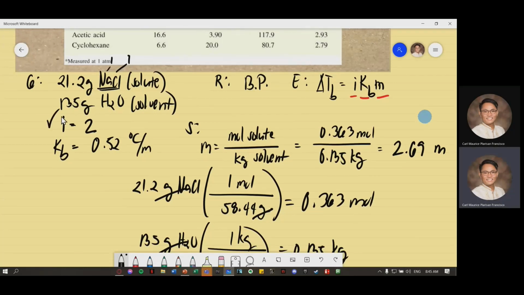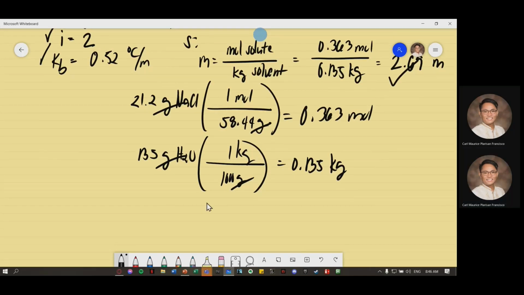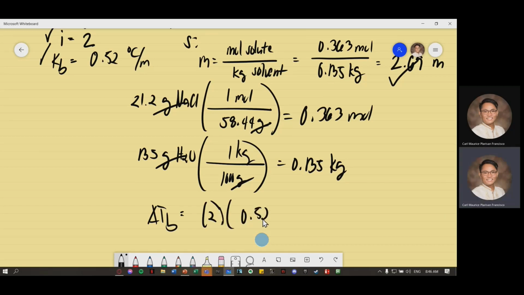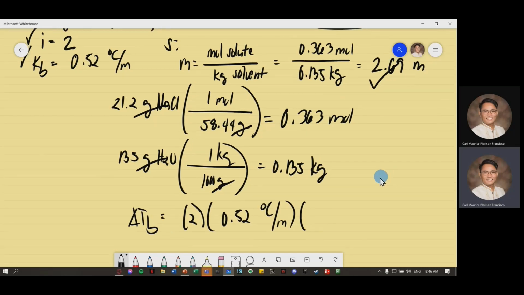So now we already have here our given. We have here our i, Van't Hoff factor, K_b, and then molality. So input now this on the main equation. So i is 2. K_b is 0.52 degrees Celsius per molal. And then our molality, 2.69.